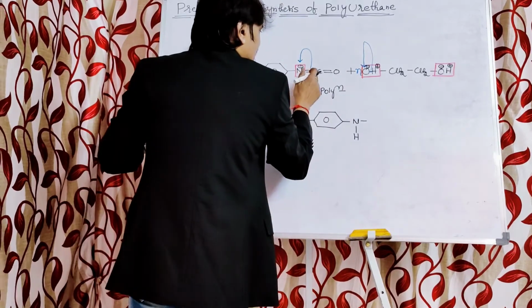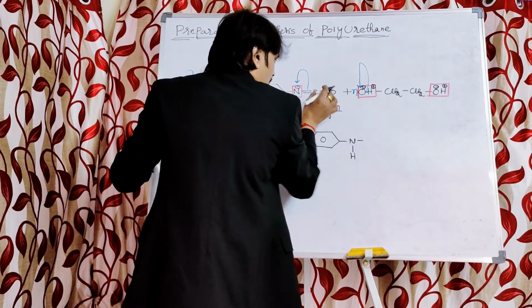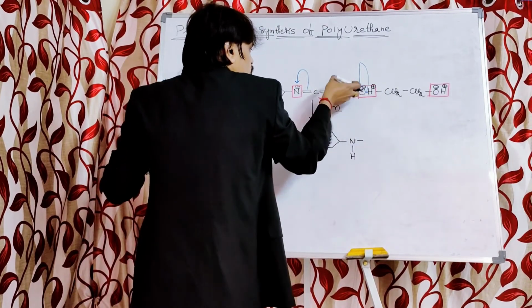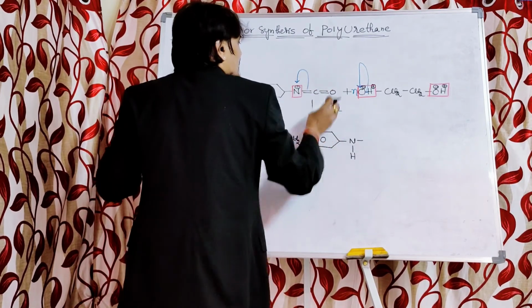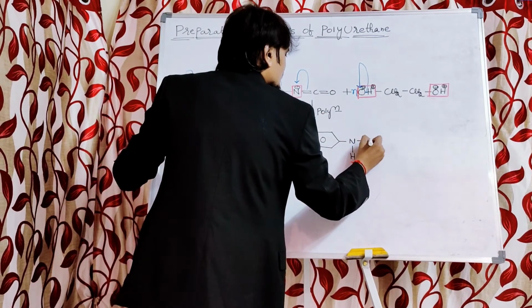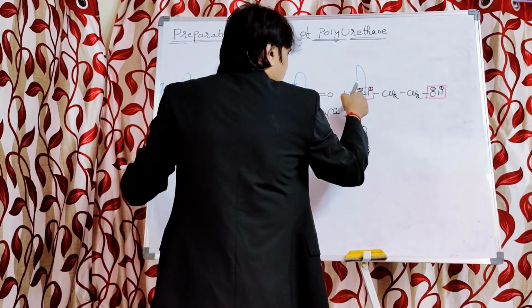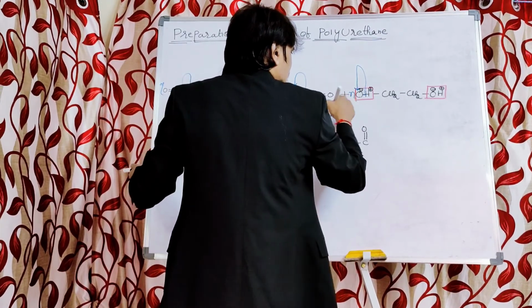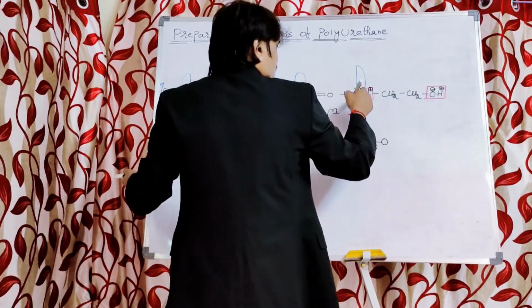So is there any change at the C double bond O? There is no change. But in order to join these two moieties, whatever the C double bond O moiety is horizontal, I will write it vertically. That is C double bond O. Now what is happening? Hydrogen has been lost, students. What is left? Only oxygen is left. Right?